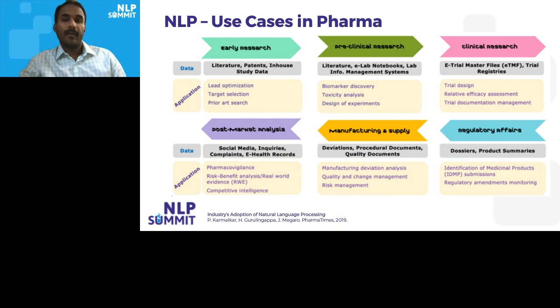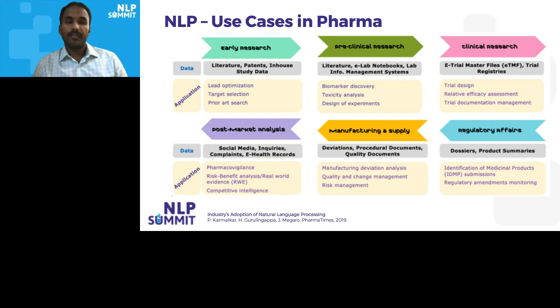And then comes the clinical part, or clinical research. That is where medicines are tested on groups or populations of patients. Here we again encounter many different types of data like electronic trial master file records, clinical trial databases, registries, and so on.